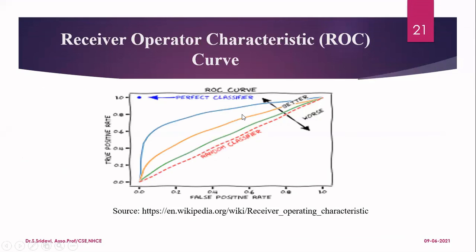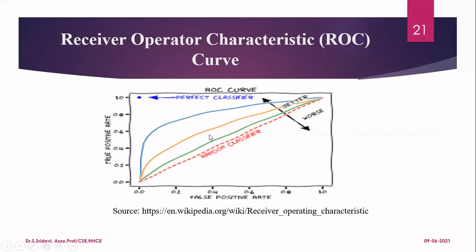Now let us see the last slide. Here, the red line indicates the output from a random classifier, the 45-degree line, and there are three different curves. One is blue, another is orange, another is green. They are nothing but outputs from different threshold settings. Now, the better curve is the blue one, because it is closer to the top left corner.